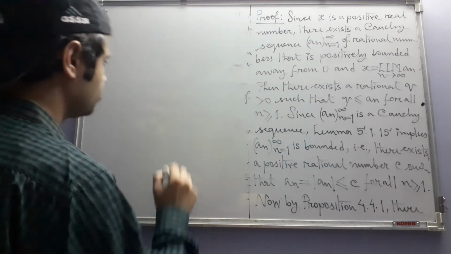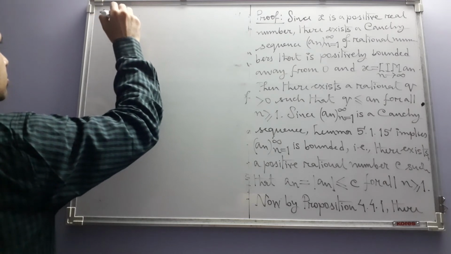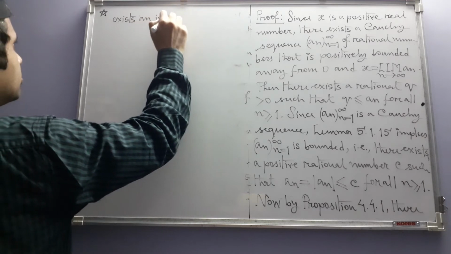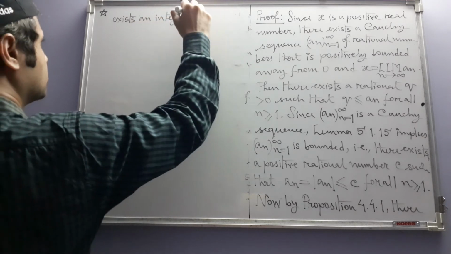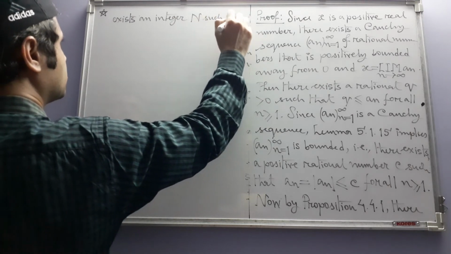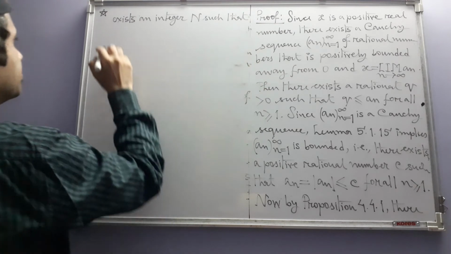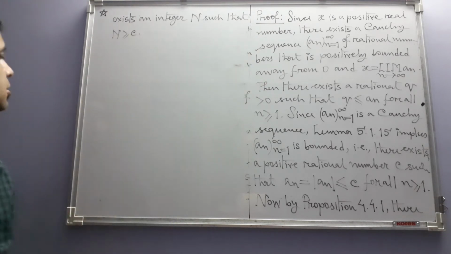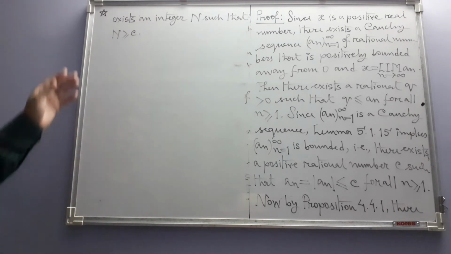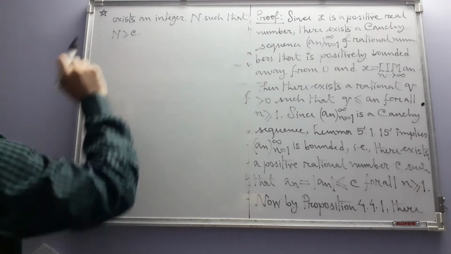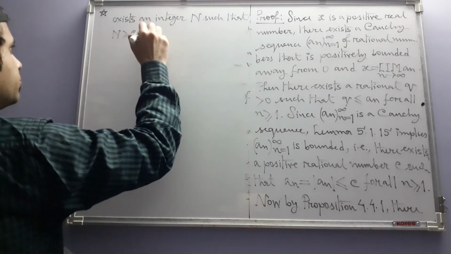By proposition 4.4.1 there exists an integer N such that N is greater than or equal to C. C is a rational number, so N is equal to C or greater than C. Such an integer can always be found.